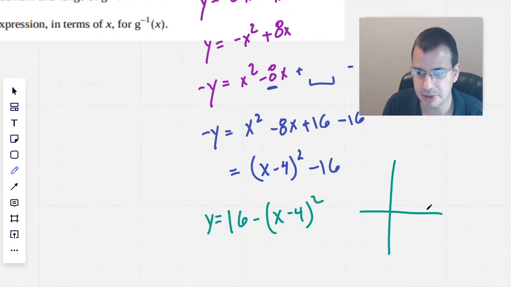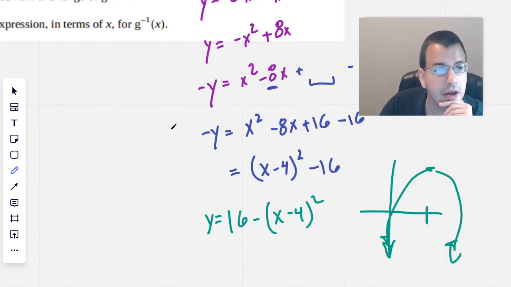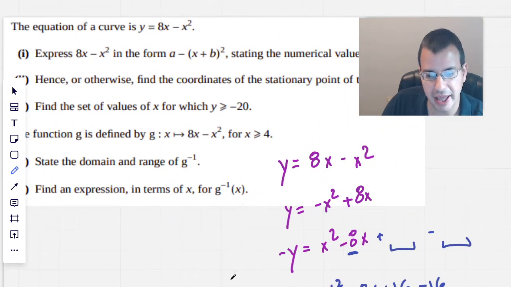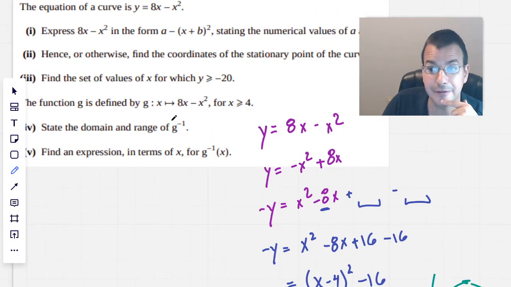So it will probably be 4 to the right and then 16 up, and then it'll be pointing downward, like so. Okay, so we've rewritten it in terms of a and b, where a, in this case, was 16, and b was negative 4.